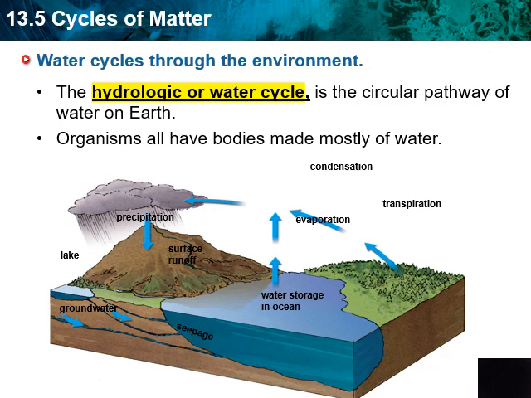Sometimes it seeps down into the earth, becoming groundwater, and it collects in things called aquifers. And actually, Florida's full of aquifers, and that's where we collect a lot of our fresh water. That eventually finds its way from lakes and rivers and streams into the oceans, where it evaporates again, goes up into the atmosphere, condenses, forming clouds, and then falls back to the earth via precipitation.